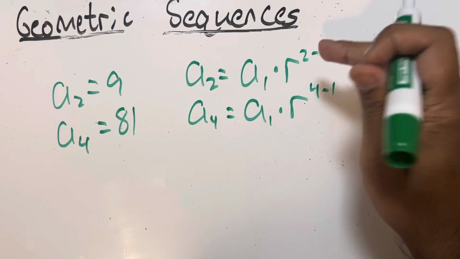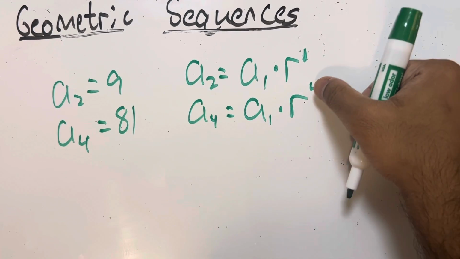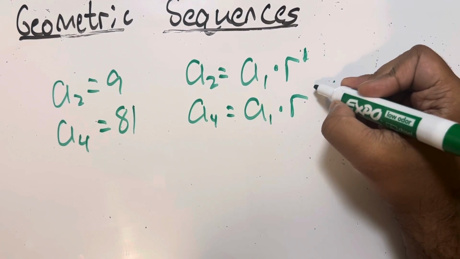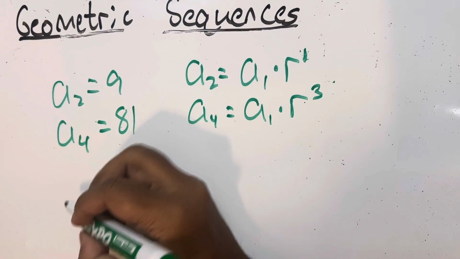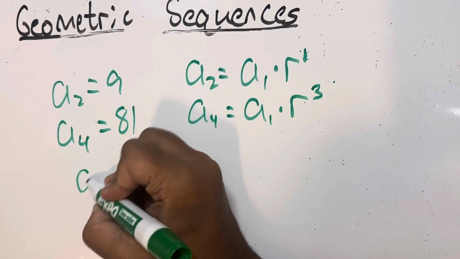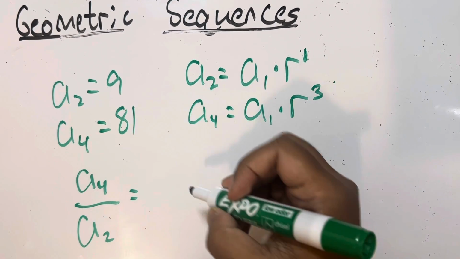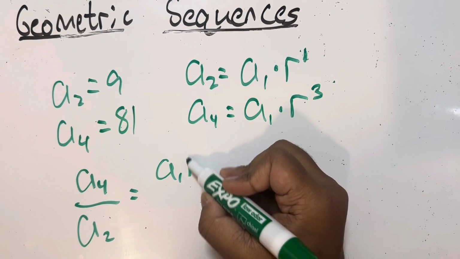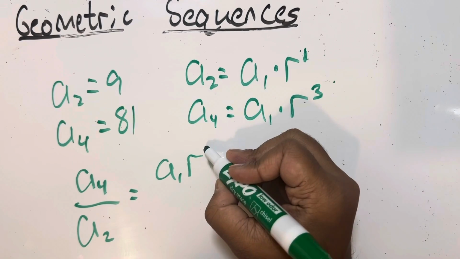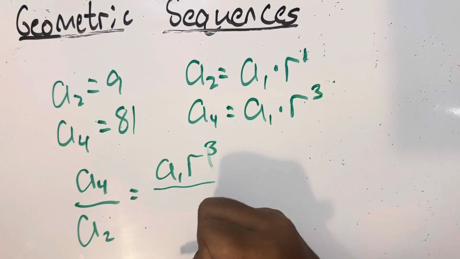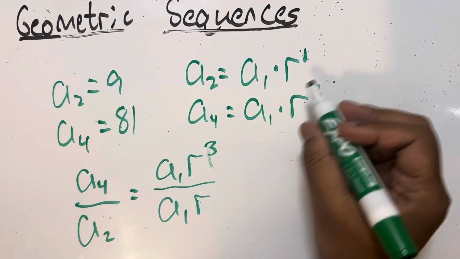So I'm going to replace 2 minus 1 with 1, and 4 minus 1 is 3. Now I can find the ratio this way. I'm going to do a of 4 over a of 2, which is a of 1 times r to the 3 power, over a of 1 times r to the 1 power.